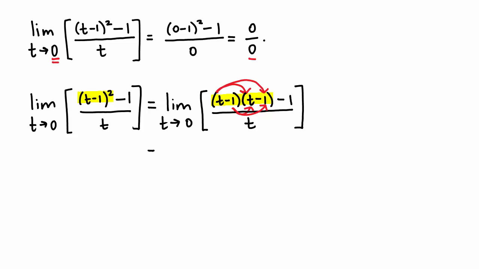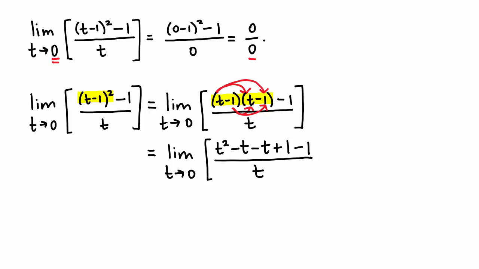I'm going to carry the limit through because, again, I'm not using the limit operator yet. I'm just changing the way the inside of the limit looks. So going through with that multiplication, I get t squared. That's the first of the FOIL. And then outer minus t, inner minus t, and last gives me plus 1. And then this minus 1 here is going to stay minus 1, and we're still all over t.